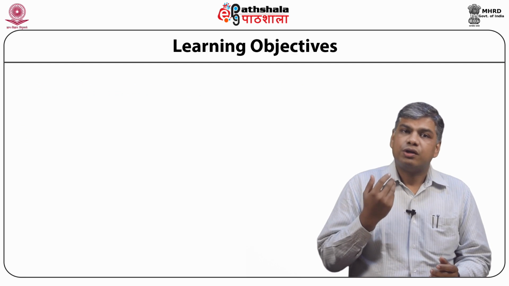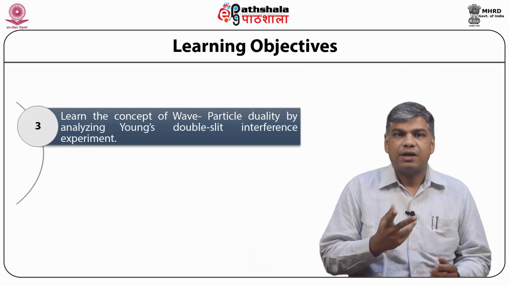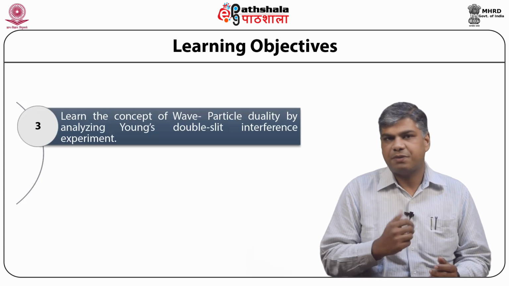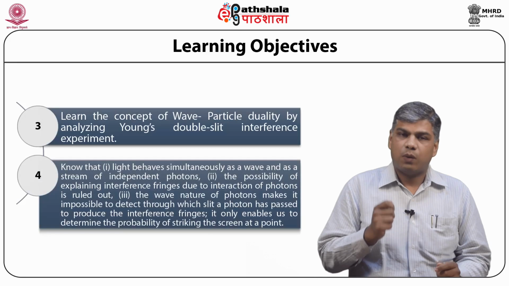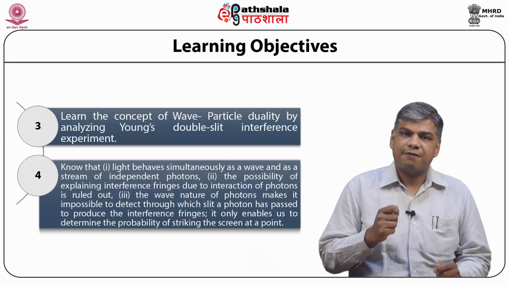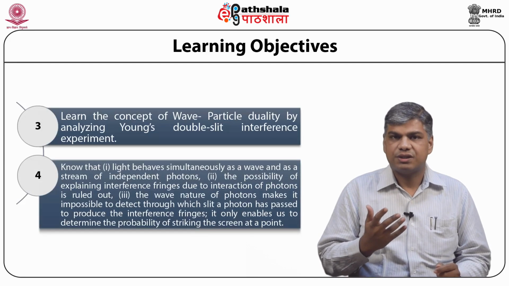Thirdly, we learn the concept of wave-particle duality by analyzing the Young's double-slit interference experiment. And finally, know that, one, light behaves simultaneously as a wave and as a stream of independent photons.